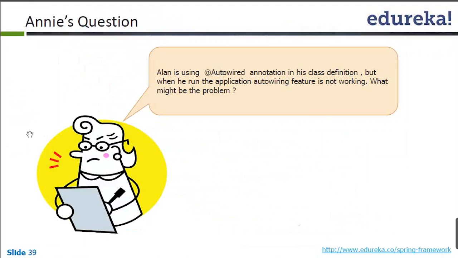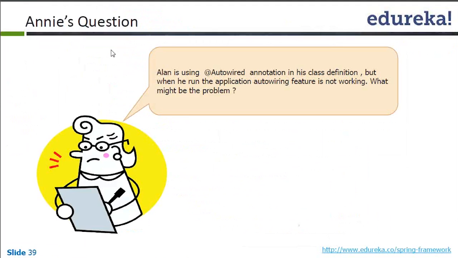Yeah. Very important question from Annie. Annie says, Alan is using the @Autowired annotation in his class definition, but when he runs the application, the autowiring feature is not working. What might be the problem? So you should answer this.